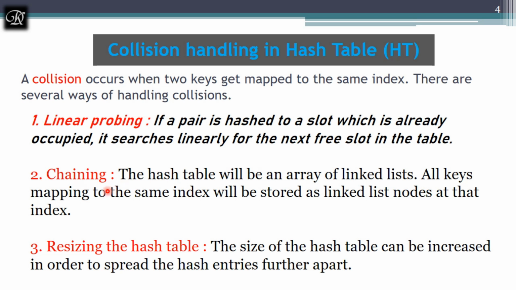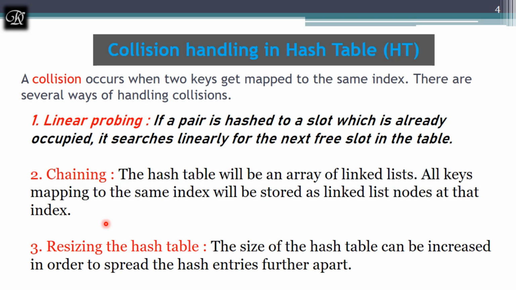Another technique is chaining. The hash table will be an array of linked lists. All keys mapping to the same index will be stored as linked list nodes at that index. So in chaining we go with the concept of linked lists, while in linear probing we go with the concept of arrays.